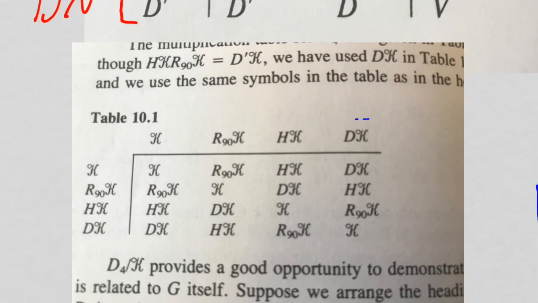So this chart just cuts to the chase and just says the elements of this group multiplied by the elements of that group will always produce an element in this group. The element in this group multiplied by the elements in this group will always produce an element in this group, right? And then you can see K acting as the identity, meaning K times any element in this coset gives me that coset back.